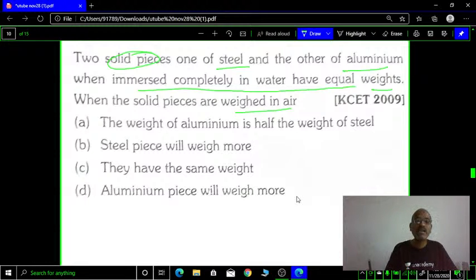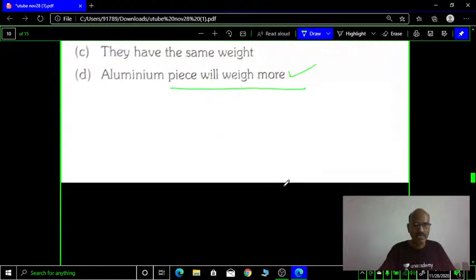But when weighed separately in the air, the aluminium piece will weigh more. Keep in mind the density.